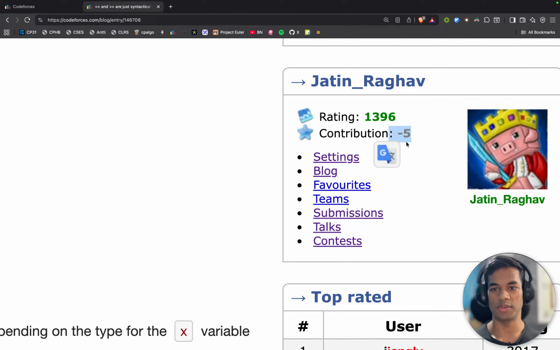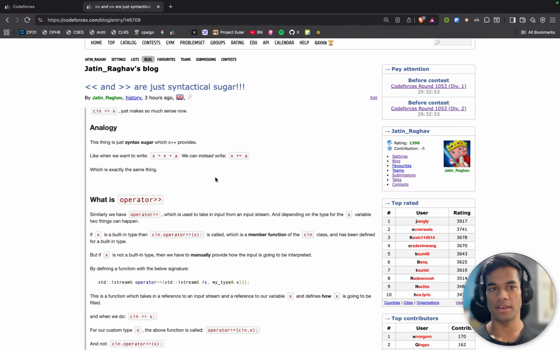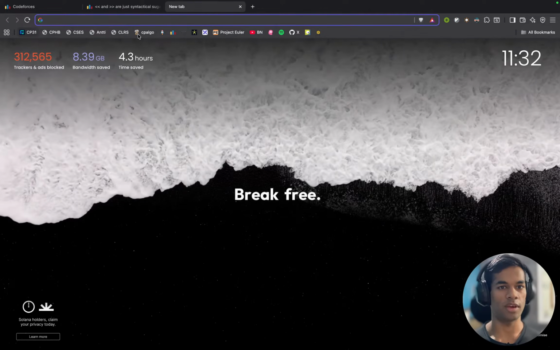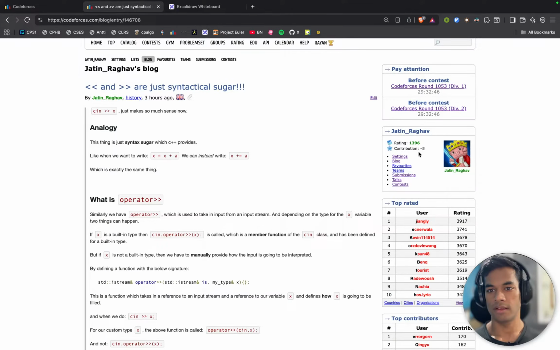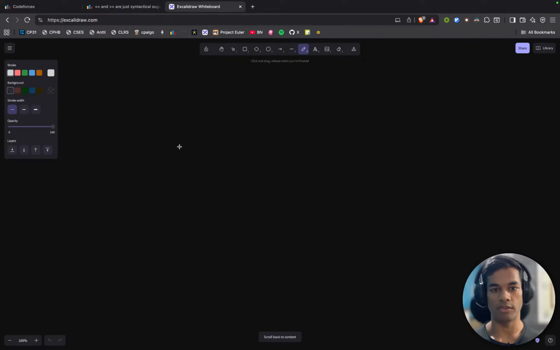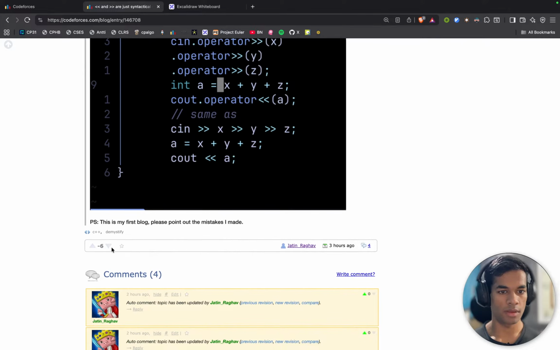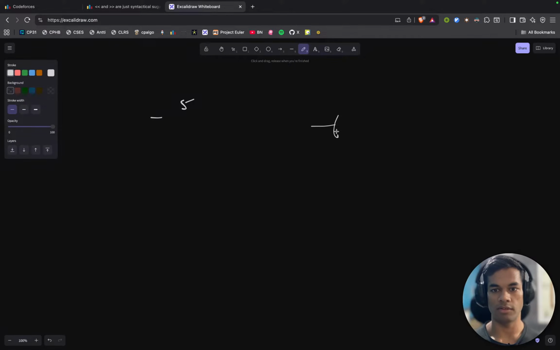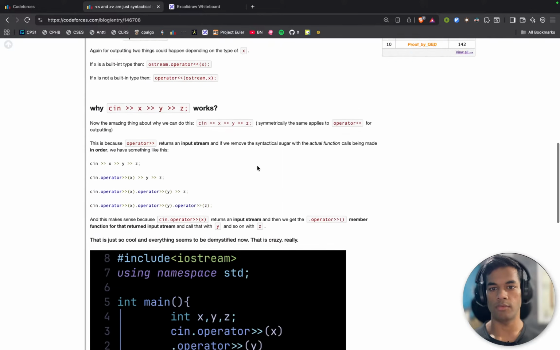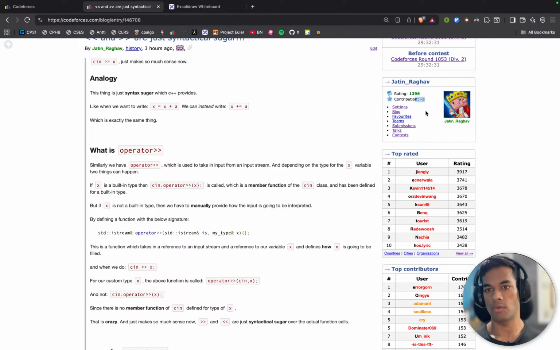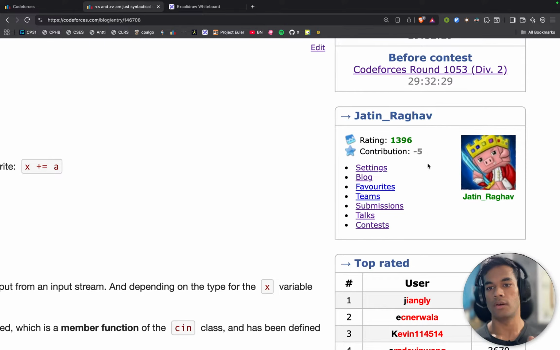And here the thing is, let's draw this. Since my total contribution seems to be -5, and here we see -6. What I have been able to figure out is that for every 5 upvotes, my contribution goes up by 5, and for each downvote, my contribution goes down by 1.